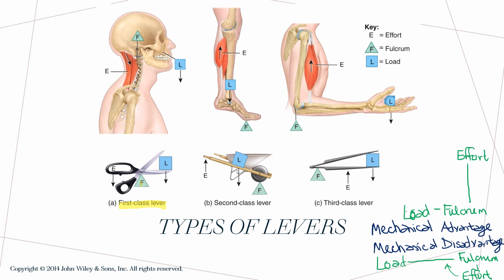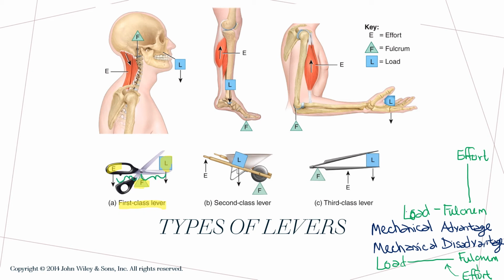So you can see here the fulcrum is between the effort and the load. Scissors and seesaws are examples of first-class levers. And they can produce a mechanical advantage or disadvantage depending on whether the effort or the load is closer to the fulcrum. So we're going to be looking at this distance versus this distance.